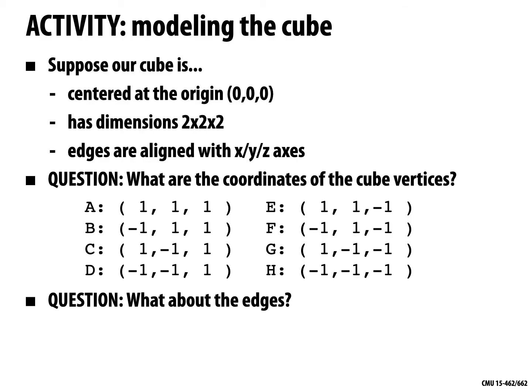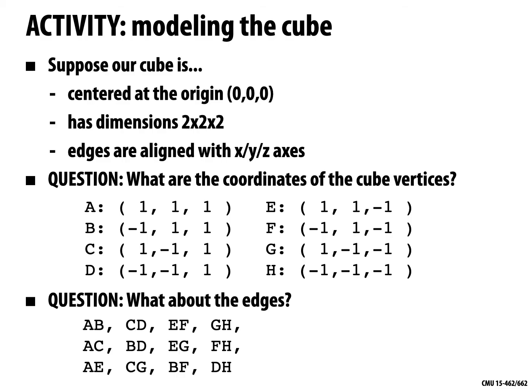So if I have these 8 points, A through H, I'll specify an edge as just a pair of letters. So for instance, AB is an edge, CD is an edge, EF is an edge, and so forth. You can pause the video if you like and check me on this. What do you want to check? How do you know if I got it right with one of these edges?